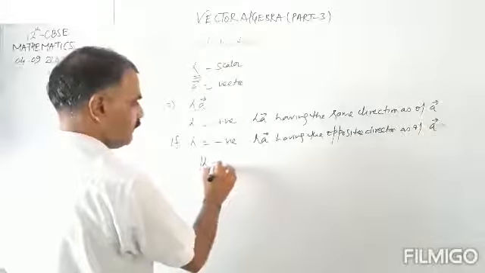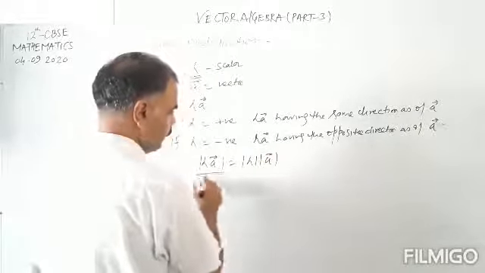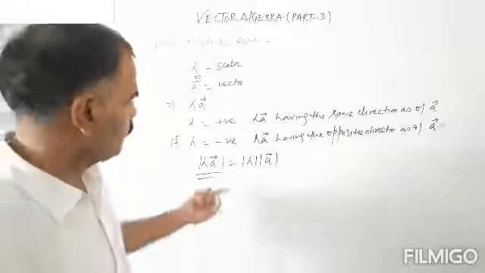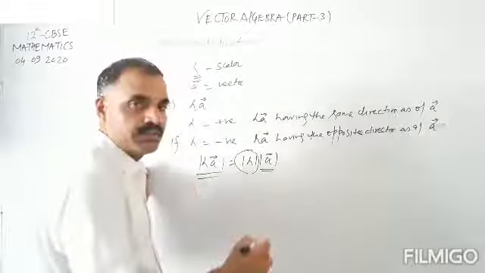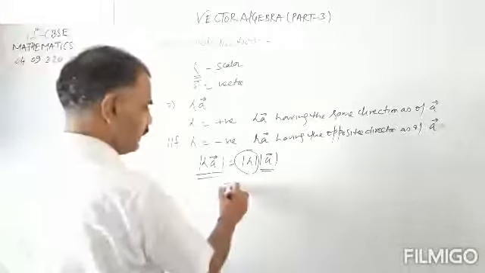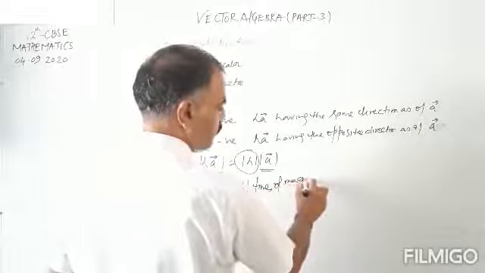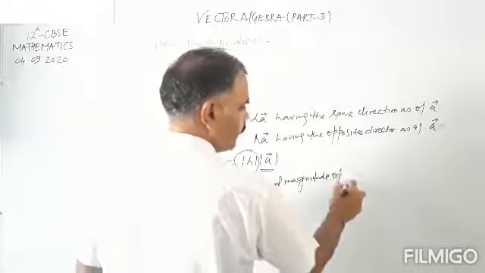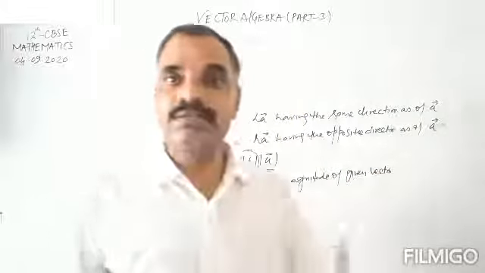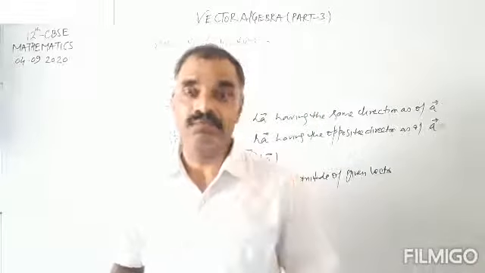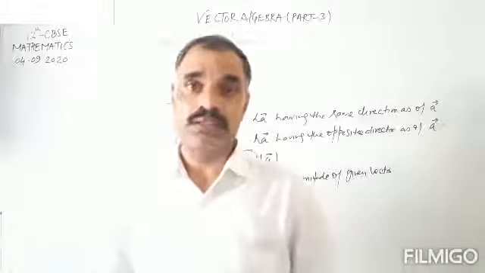The magnitude of lambda A vector is modulus lambda times the magnitude of the given vector. Okay, so in this way we can explain the scalar multiplication of any vector. Okay, this is an important topic.